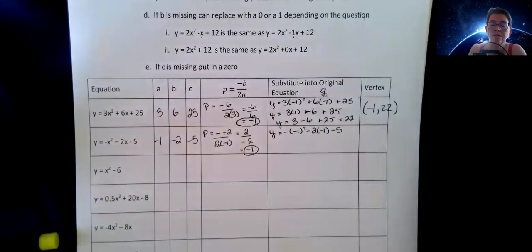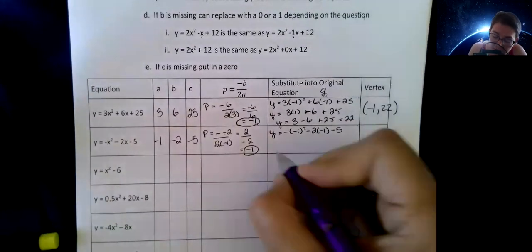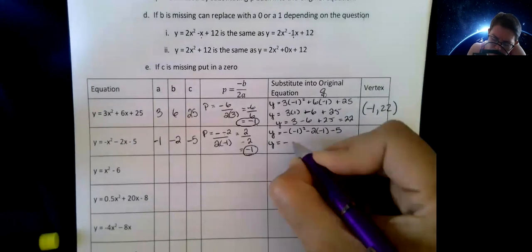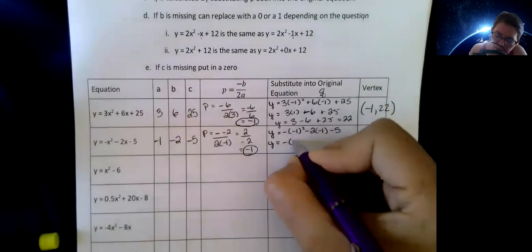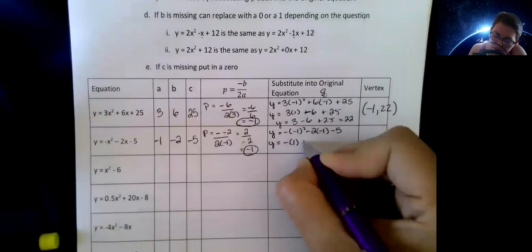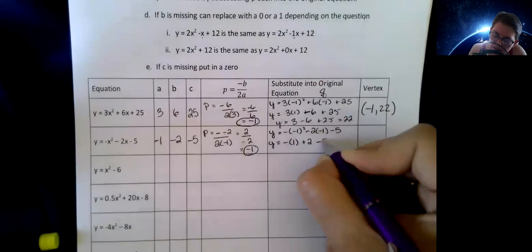Substitute it first. Don't try and do all the work at once. And if this is too squishy for you to work on, feel free to do it on paper. So it's minus negative 1 times negative 1, which is positive 1. And then a negative 2 times a negative 1 is plus 2, minus 5.